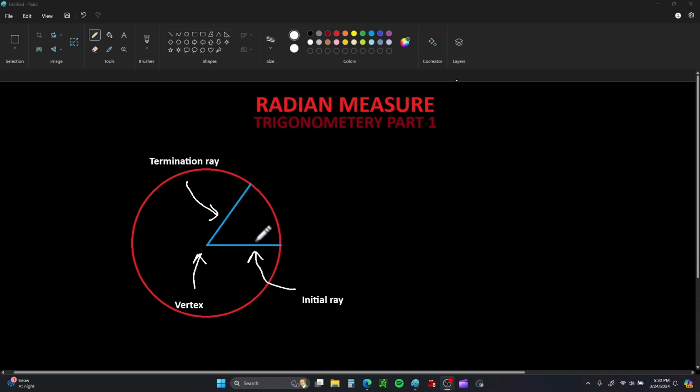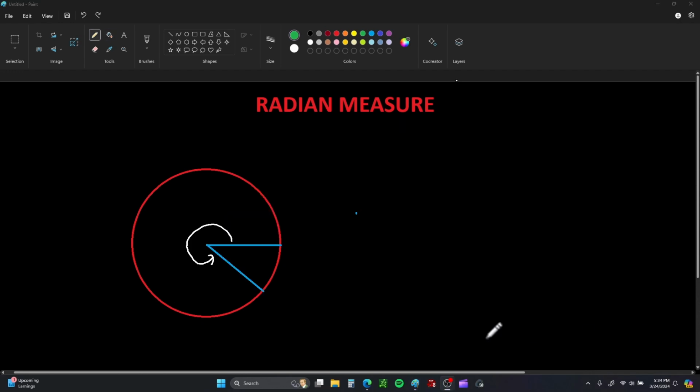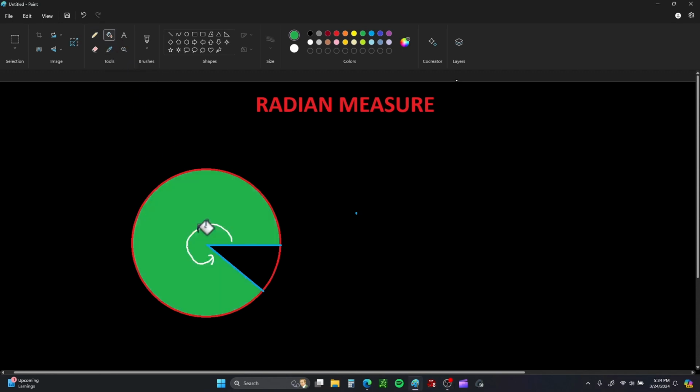Now, when we're starting from the standard position and I go this way, the angle that we're measuring is in here, shading it in, looks like this. And if we were talking about this angle theta being about 315 degrees, we would be looking at the angle that goes around here.